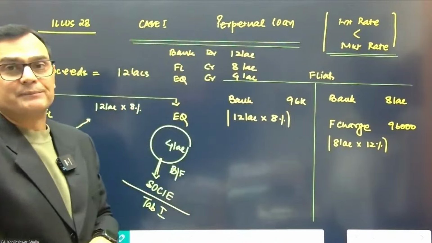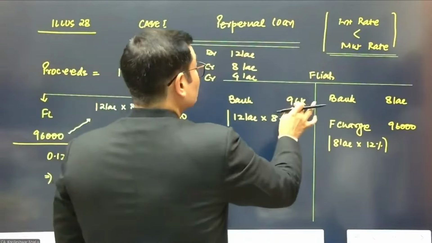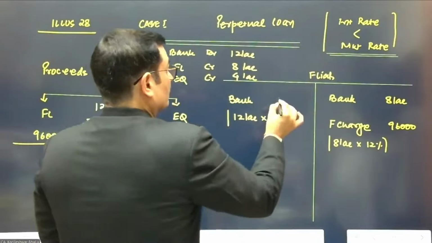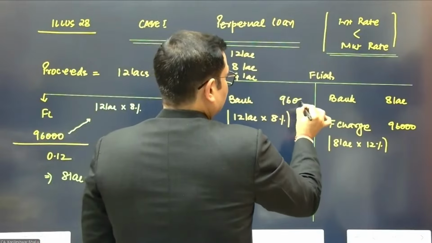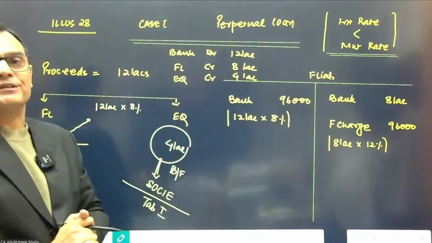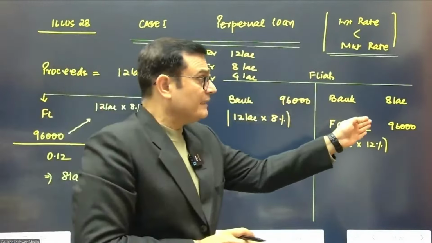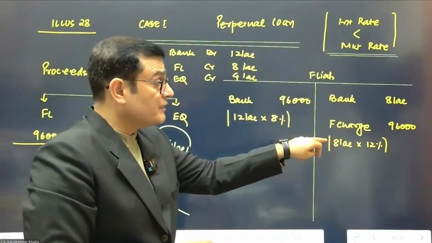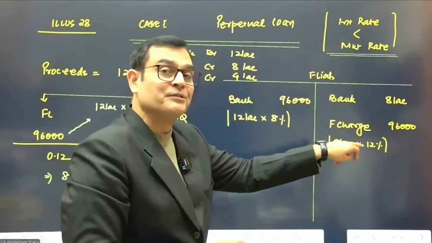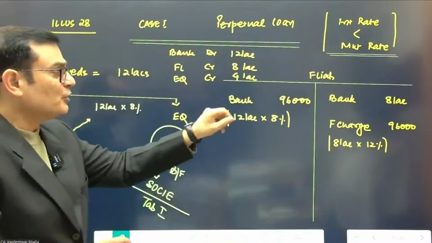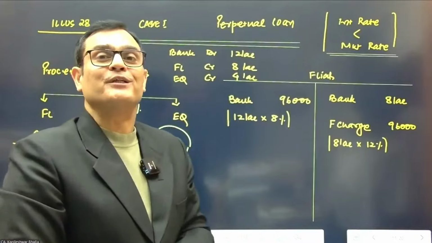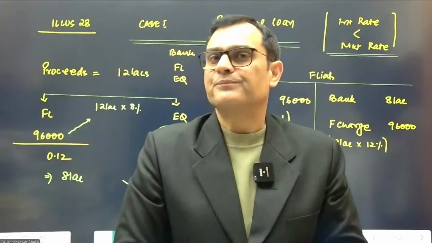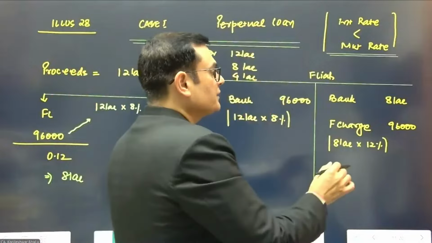By chance, both are the same. So in this case, it becomes 96, and they will definitely match in this case. You're paying 96, you're accruing 96, that is on the financial liability element. But what you're paying is on the proceeds, the agreed rate of interest. And let me also tell you what will enter the P&L.